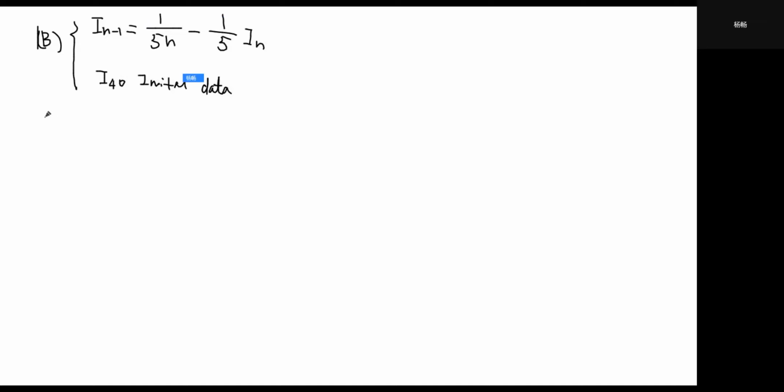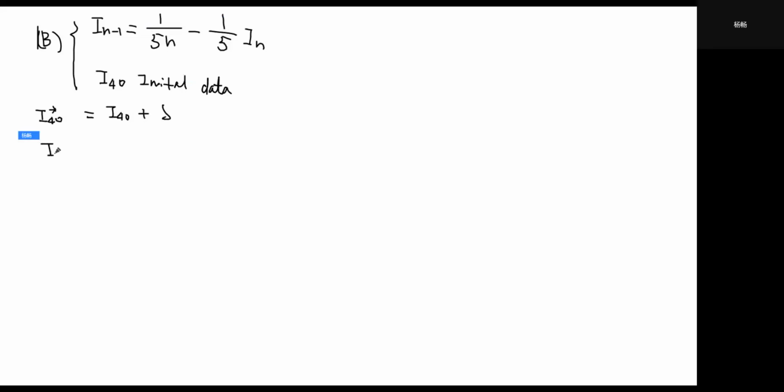Firstly, I give you a reason why this algorithm works. I suppose that I40 star is equal to I40 plus some delta. This is the error.